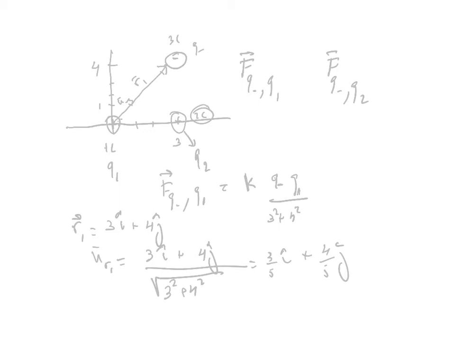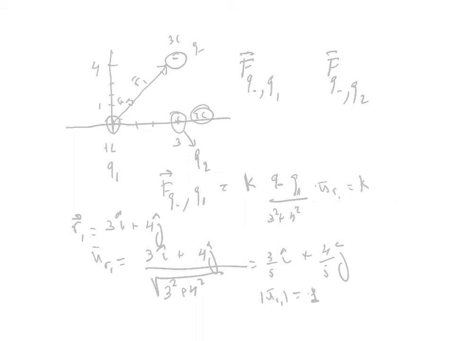And the magnitude of this vector, you know how much is the magnitude of u sub r1? Check it, is 1. So the force is, let's put now the numbers, k, 9 times 10 to the 9.